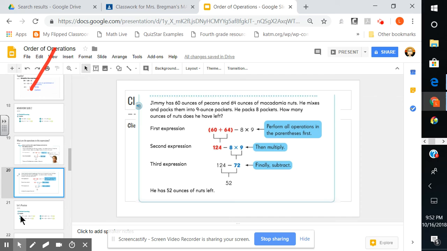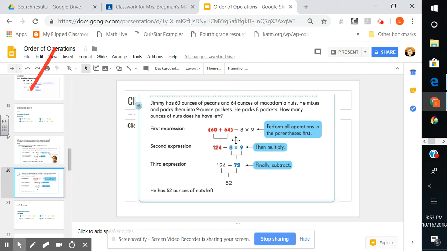So now for this one, I want you to write down 60 plus 64 in parentheses, minus 8 times 9. So step 1, perform all operations in the parentheses first. So you will do 60 plus 64, and you'll bring down the 124. So we broke apart the parentheses by doing what was inside the parentheses first. So we got 124.